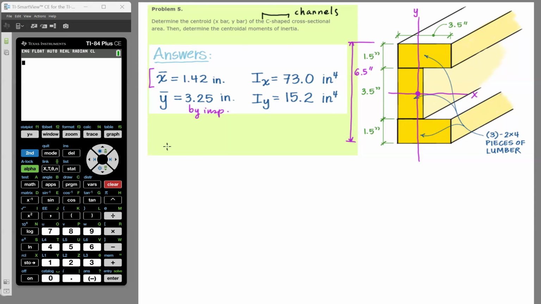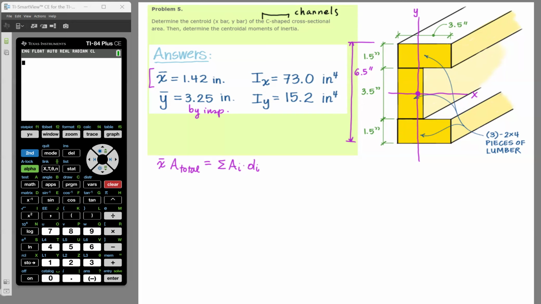We think back to our centroids: X bar is like a weighted average. So A total, or the summation of the areas, is equal to the summation of the areas times the distance terms. And the distance terms in the centroid calculation are different than the distance terms in the moment of inertia calculation.